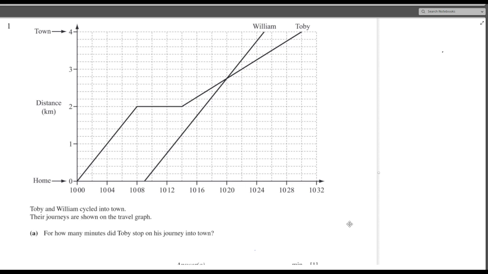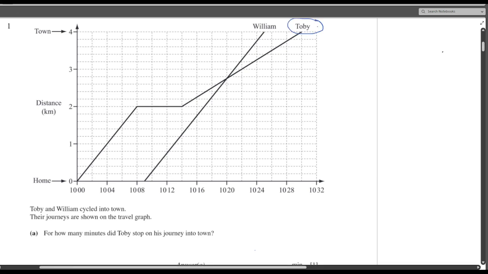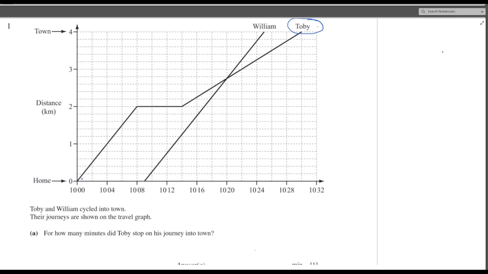Okay, so now let us see Toby. As we can see here, this is Toby. Toby is starting at 10. Now as time is increasing, his distance is also increasing.